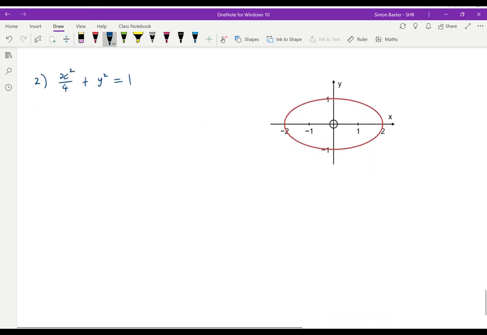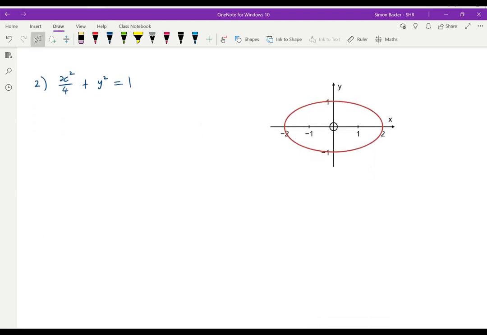Now if we look at the equation of an ellipse, x squared over 4 plus y squared is 1, gives us this ellipse. And you've seen the secret in the previous example. x equals r cos theta, y equals r sine theta, and therefore r squared cos squared theta over 4 plus r squared sine squared theta is 1.